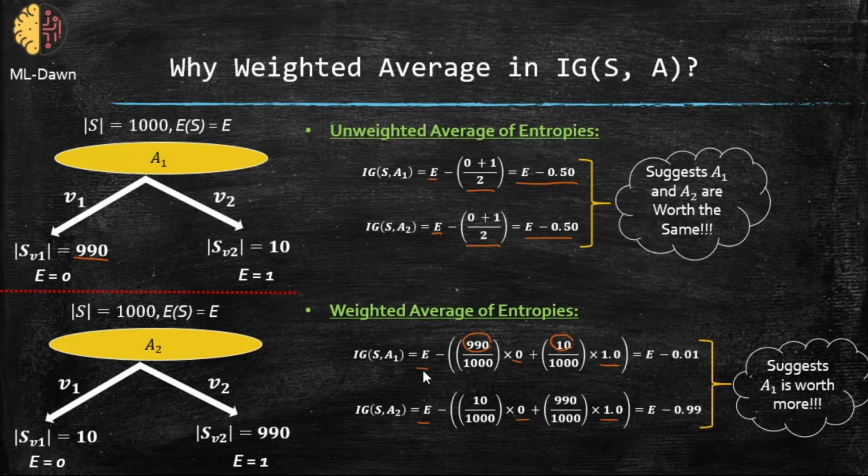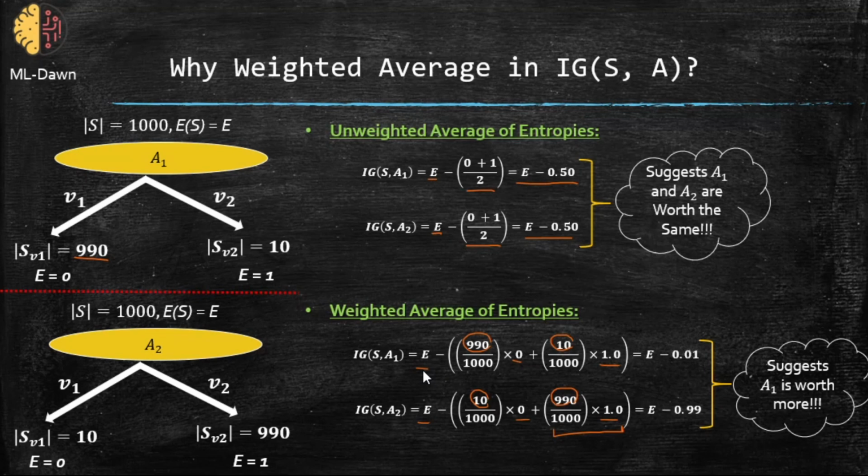But down there, look, we got 10 over 1000 and 990 over 1000. Look, this will play a role over here. This is considering the size of the huge subset that is hugely confused.